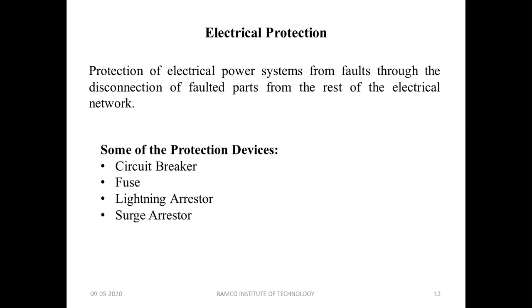Then similarly, surge arrestor, in the sense that there may be a surge due to capacitor bank switching, inductive load switching, and also many other surges may happen. So we must have some protection system to protect your load against surges, right? So this is the general introduction about electric protection.